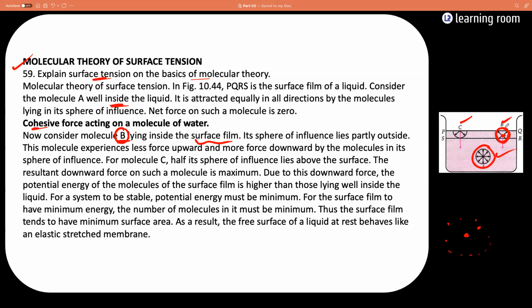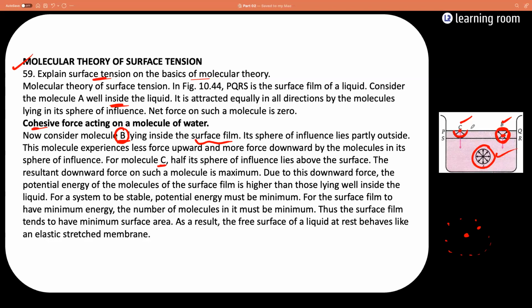So compared to molecule A, the particle at B will experience a slightly greater force in the downward direction, because in the upward part there are no particles to pull it. Whereas the molecule C, which is exactly on the surface, has half of its sphere of influence lost.